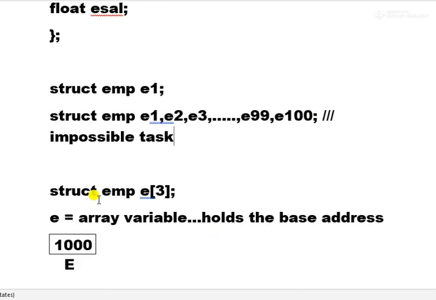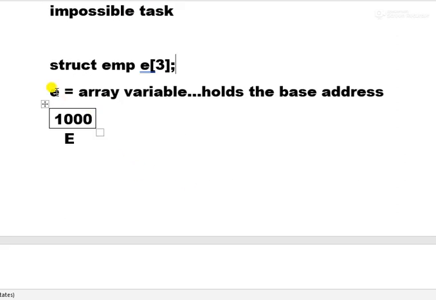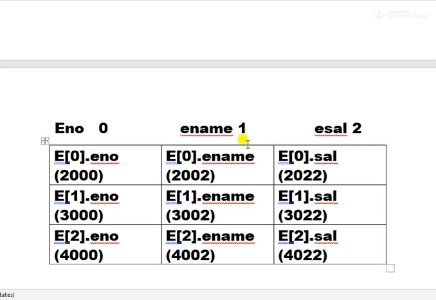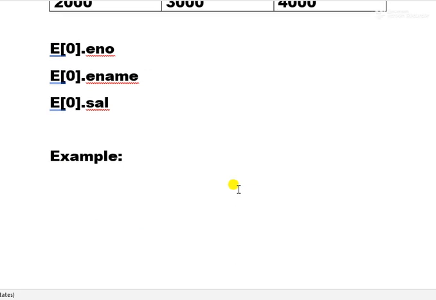So that's why I am writing an array of structure. You can specify the size, how many structures you want to create. I am creating an array of 3 structures, and these are the example and memory, how the structures reside in memory, which I already told you.